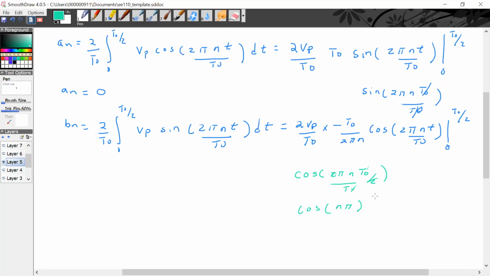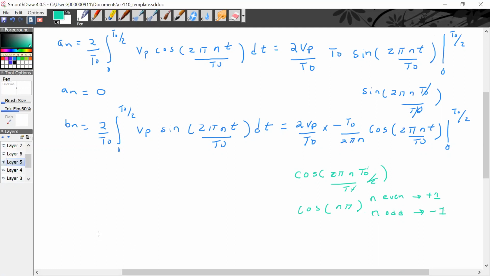And if n is even, right, that is going to be plus 1. If n is odd, that's going to be minus 1.